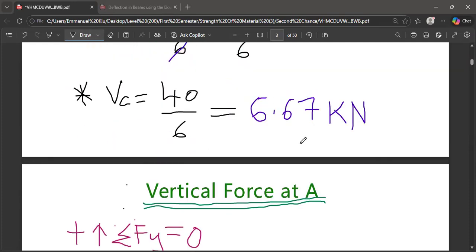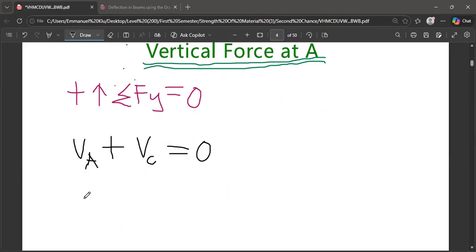Positive VC. You see, they are all positive. You can choose to write it or not. All is equal to 0. Now, if we know one, you can just know the other one with ease. And that is, we can find it because now we know that VC is equal to 6.67. We can put over here 6.67.